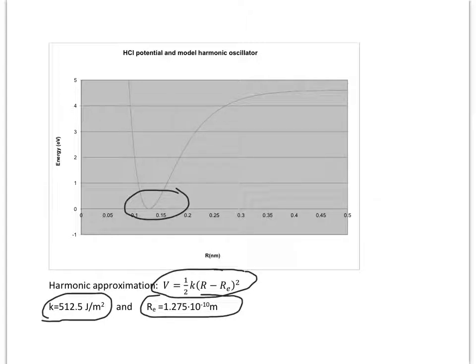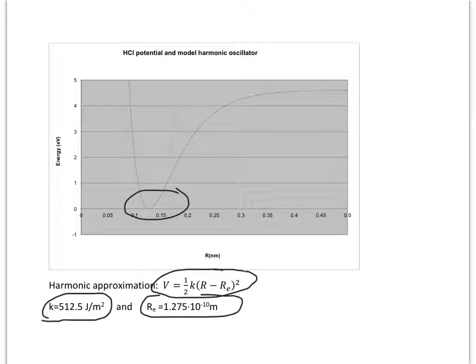In one of the problems that I ask you to do, which is essentially a problem in unit conversions, I want you to go into Excel and put in values right around this region from 0.1.